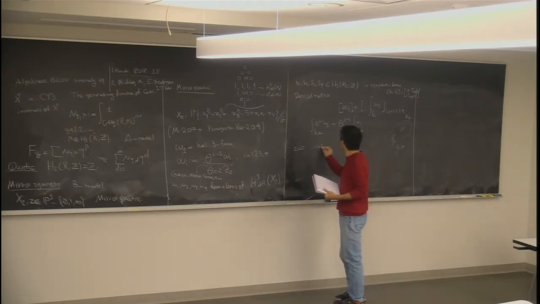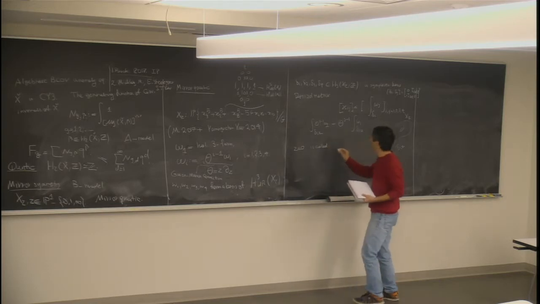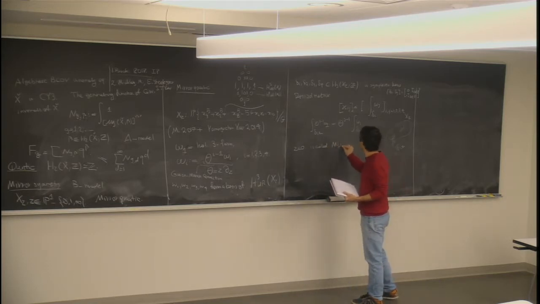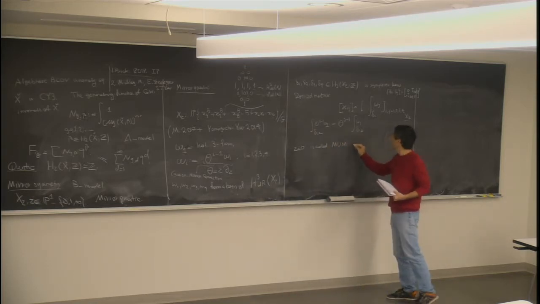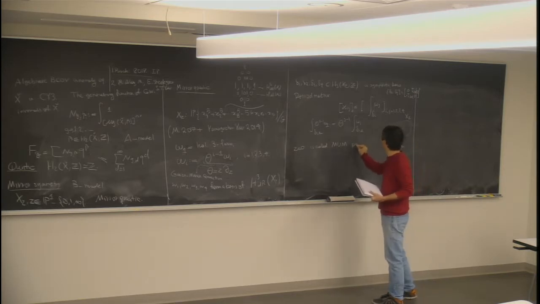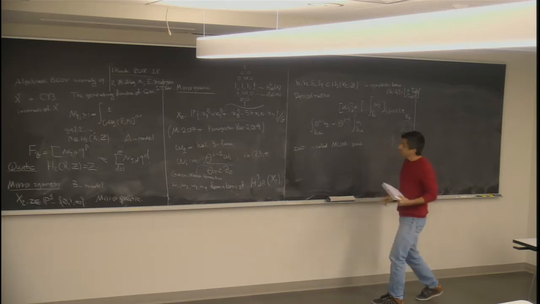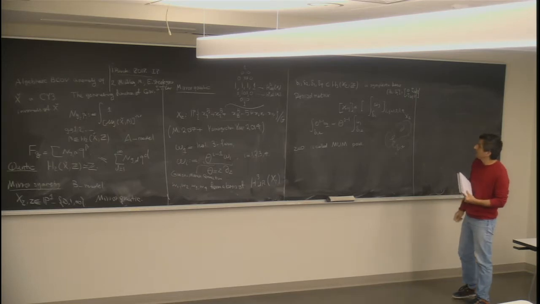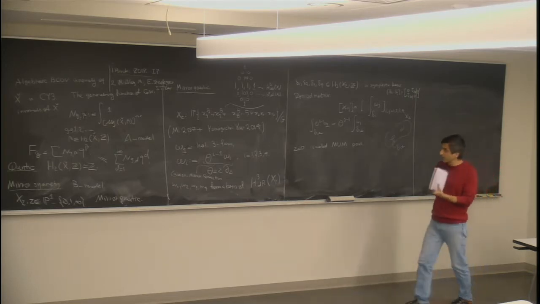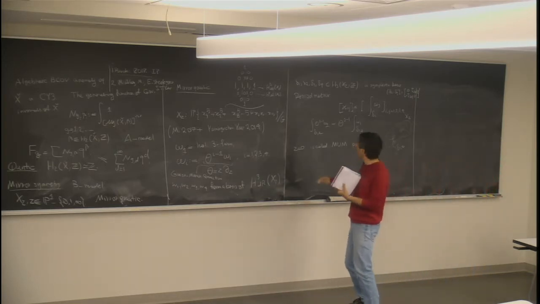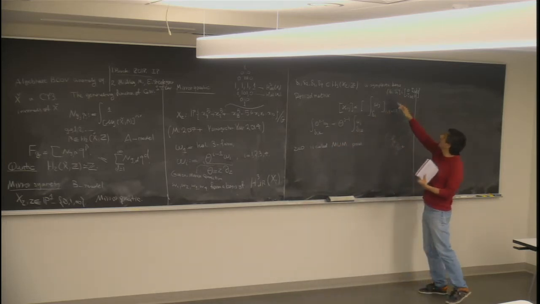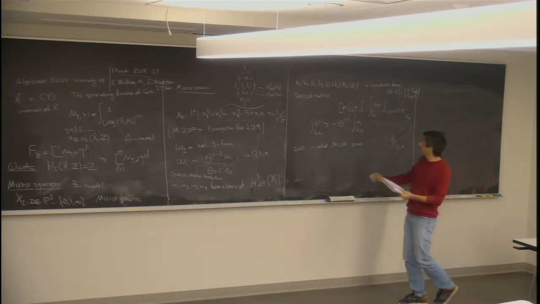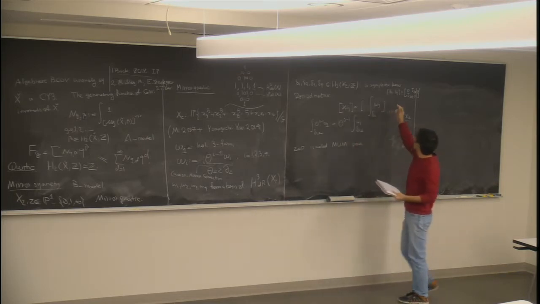And again, one of the things that mirror symmetry tells us is that you are not supposed to take any basis, but the choice of this symplectic basis is done in such a way that omega 1 is the holomorphic period.